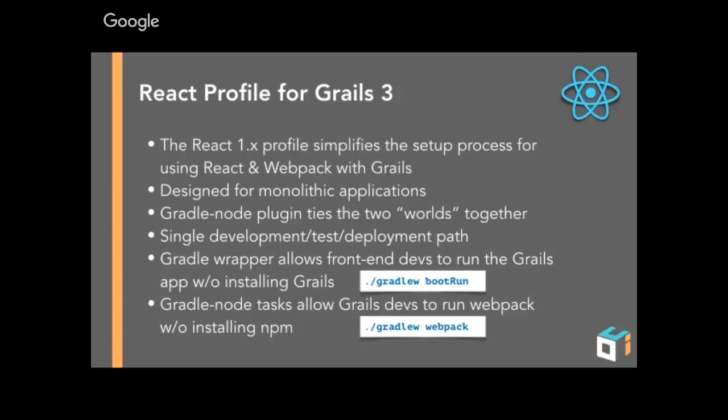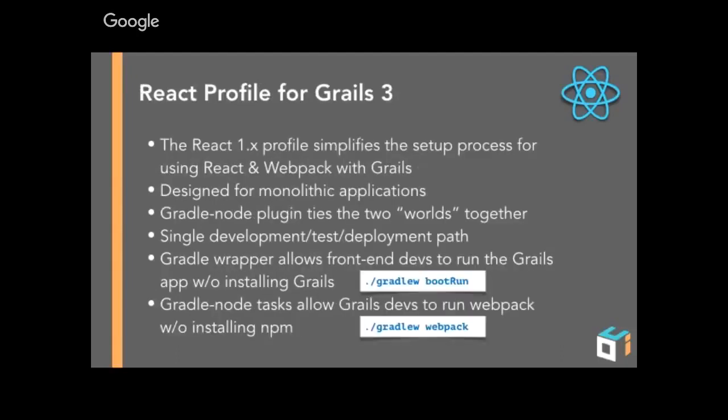It allows us to do things like create custom tasks to run our JavaScript tests, for instance. I've done this for a project where we actually had in our Jenkins deployment pipeline, we could run our Grails integration tests, our Grails unit tests, and our JavaScript tests, turn out JUnit XML results, and have all of our test results in one unified output. So that was pretty cool.